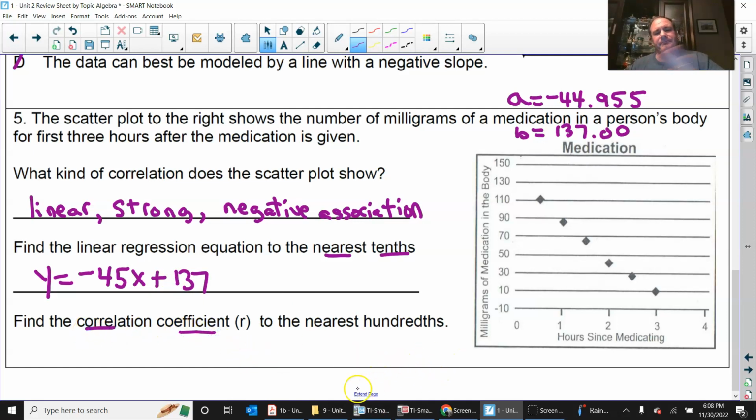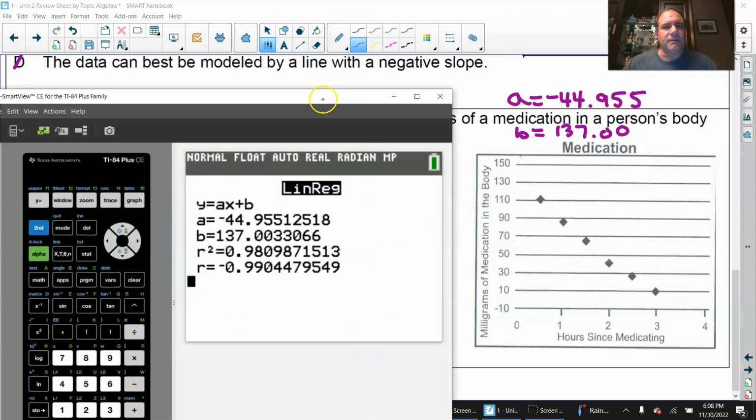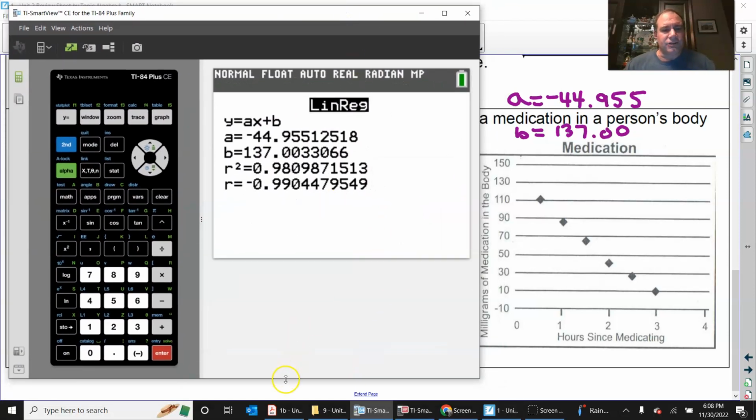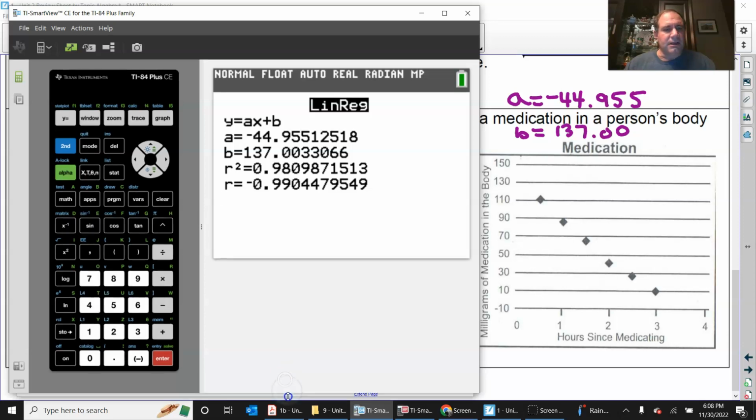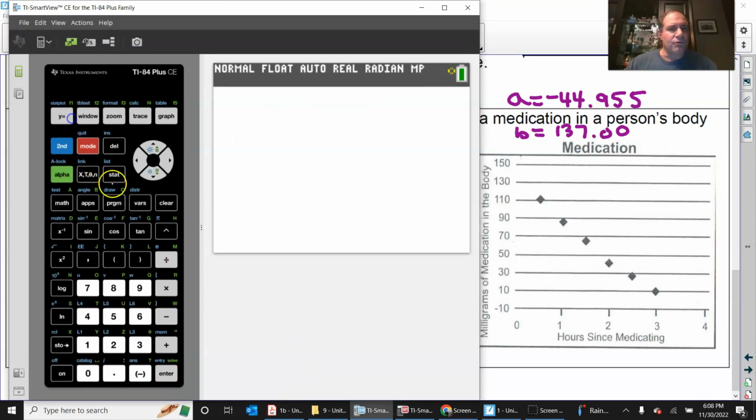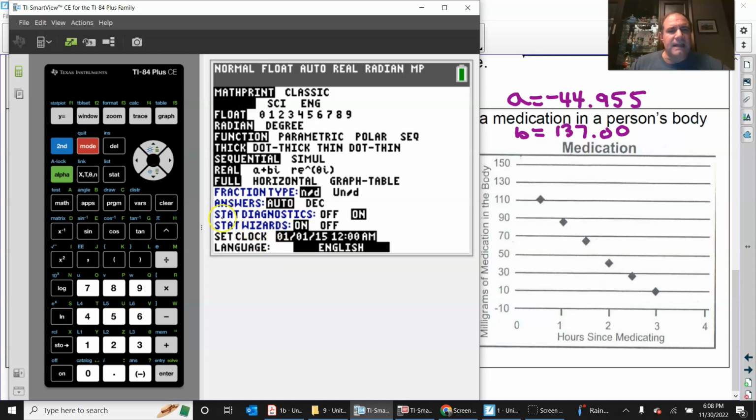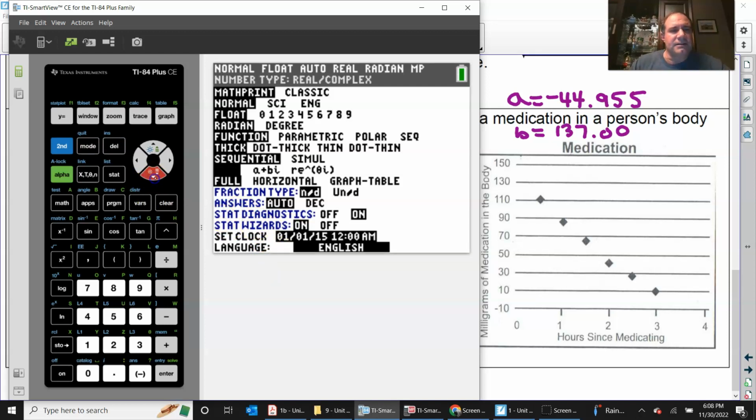So remember, correlation coefficient, the easiest way to check if it is on is by pressing mode. And you see this stat diagnostics. Stat diagnostics is on for mine. Usually when you reset your calculator, it is off. If you see it off right now, you have to go down to the off, press to the right, then press enter, and it is on.